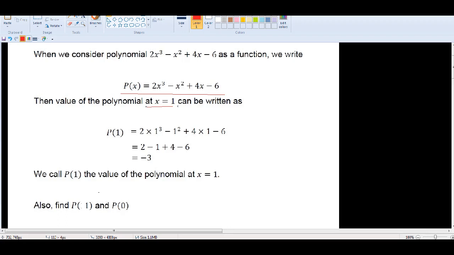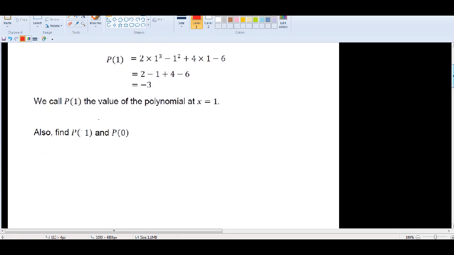That's what we call the value of the polynomial. The simplest idea is that you put numbers into x, because x is a variable, and for a variable we could substitute different values to have different outcomes.